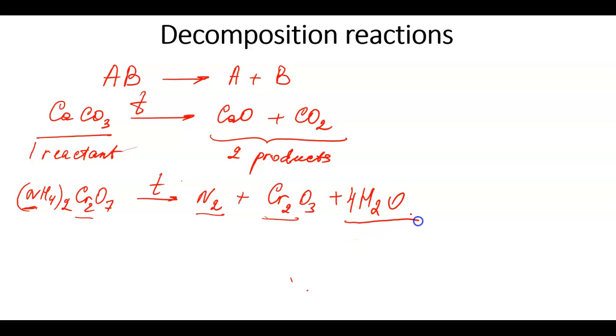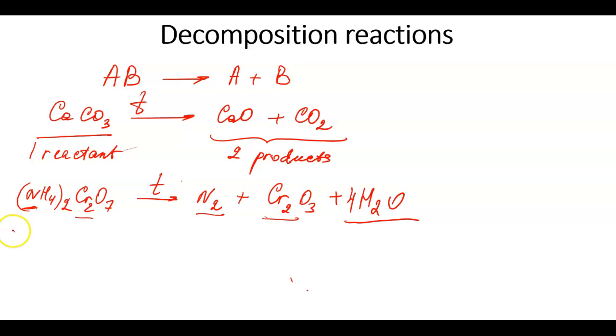So I will underline it, and we need to recalculate oxygens, right? On the left side there are 7 oxygens, and on the right side there are 7 oxygens too. So this equation is completely balanced too. And this is a great example of decomposition reactions.